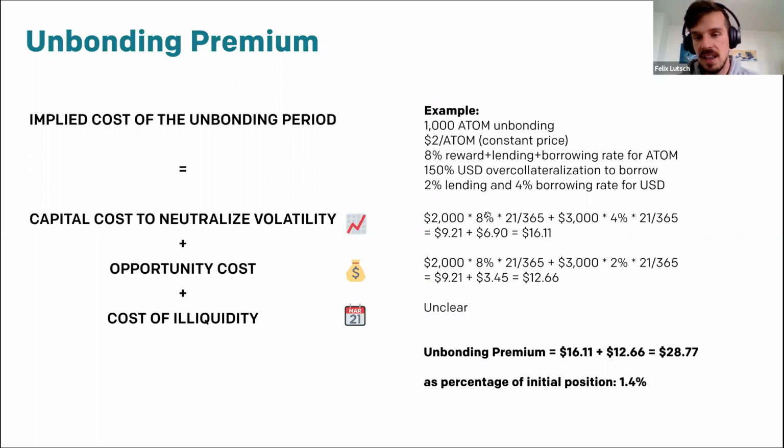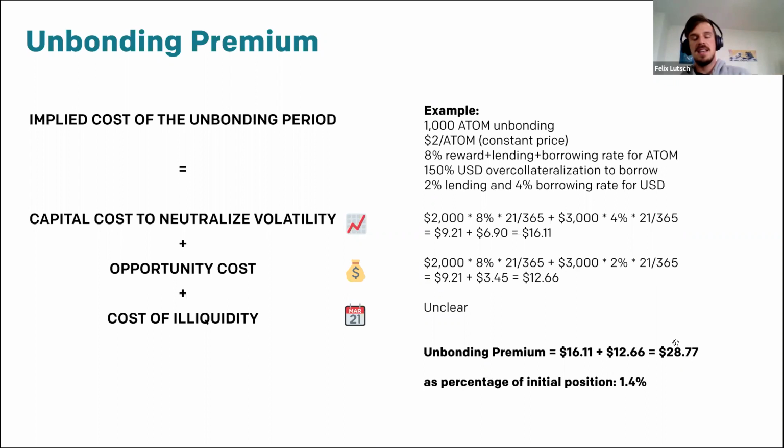And also you have the collateral. The $3,000 USD, you could have put in some lending protocol and earned like the 2% over this period. So this adds up to this much. And finally, we added it up, it's $28.07 basically.